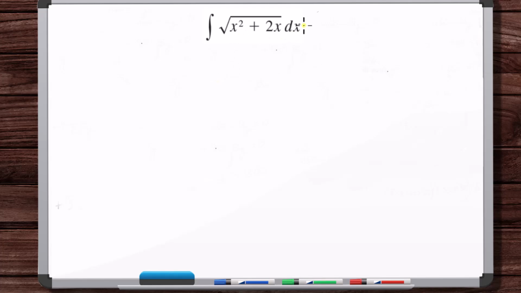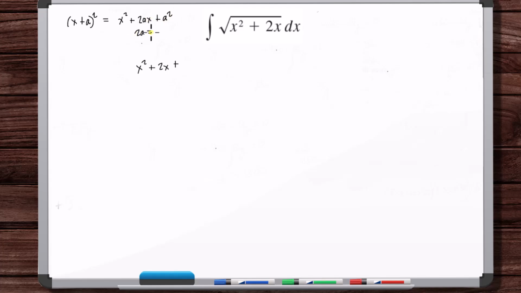Okay, so just looking at this, how can you solve this? There's no u substitution. This is hard to solve, right? But we can see that there's something under a root here that we could put in the form of x squared plus or minus a squared. If we say x squared plus 2x plus what? If we want to make this into a perfect square trinomial, x plus a squared is x squared plus 2ax plus a squared.